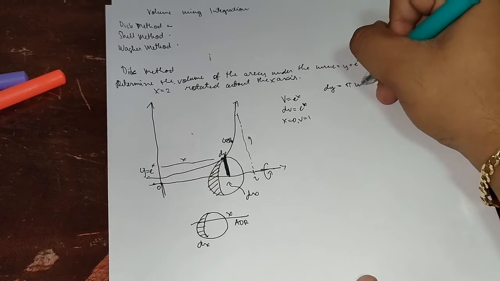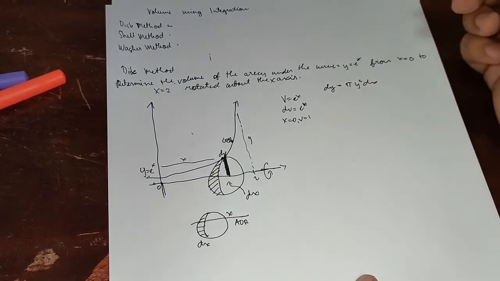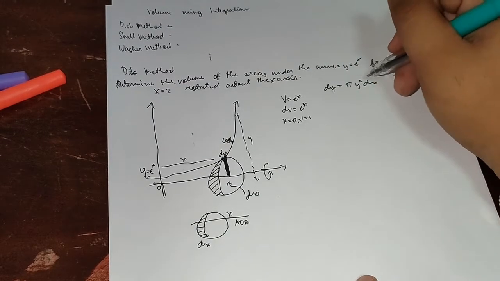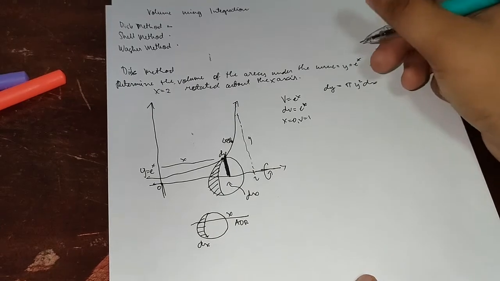Here is our formula, dV equals pi y squared dx.